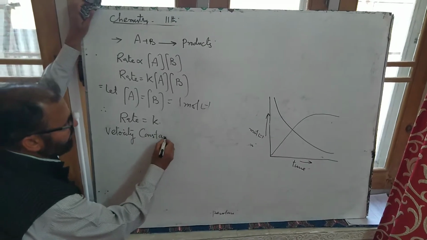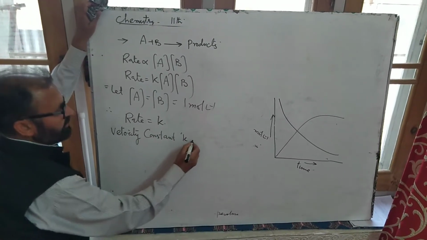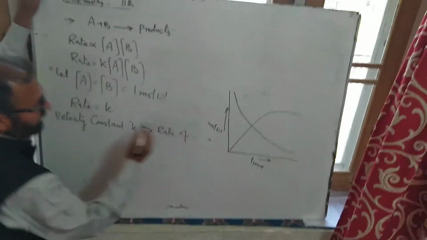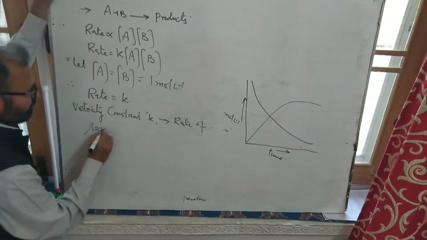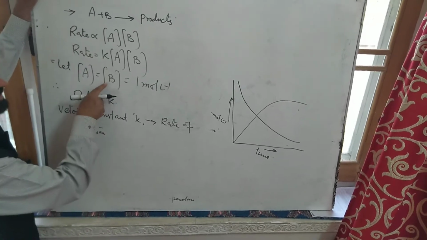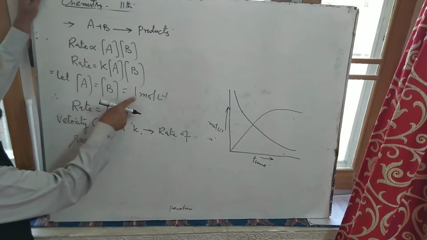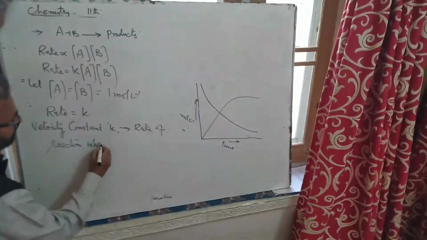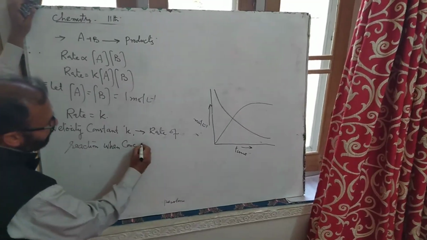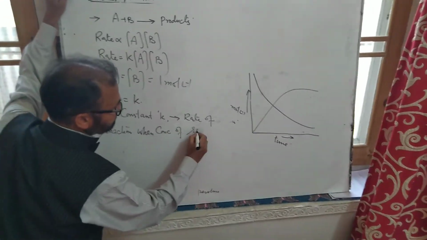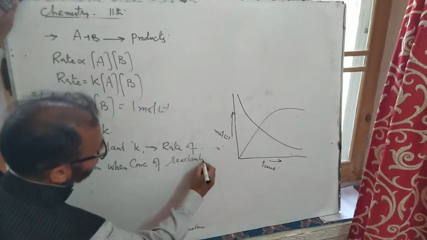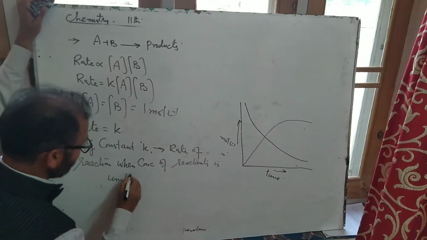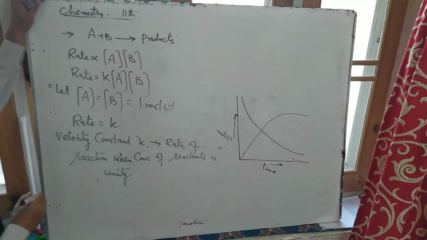K can also be defined as the rate of reaction. I have assumed the concentration of reactants as 1 mole per liter. So K is the rate of reaction when the concentration of the reactants is unity. This is the definition of velocity constant.